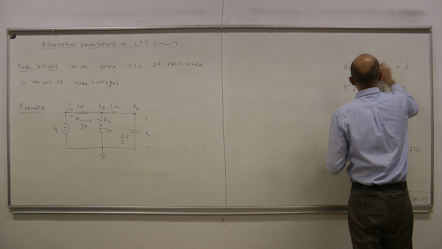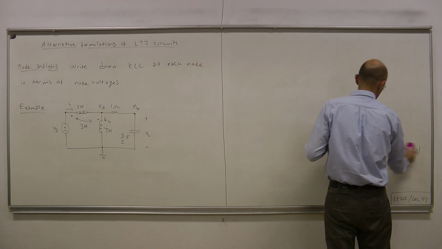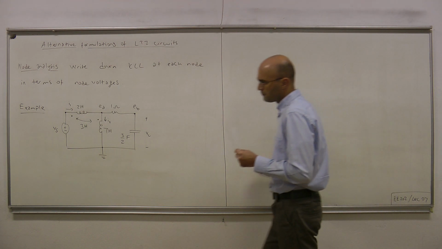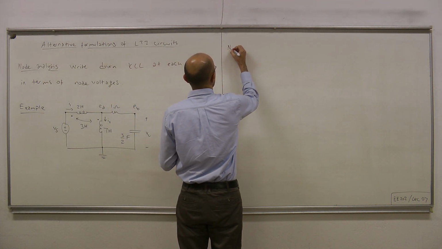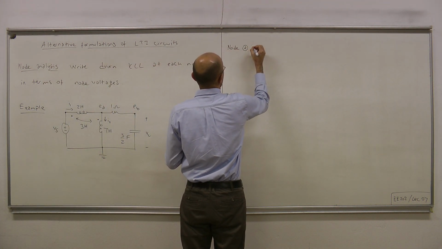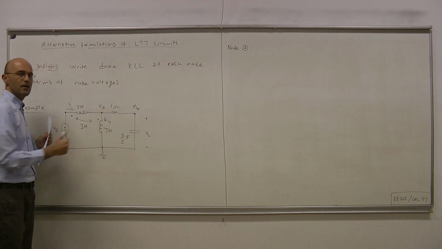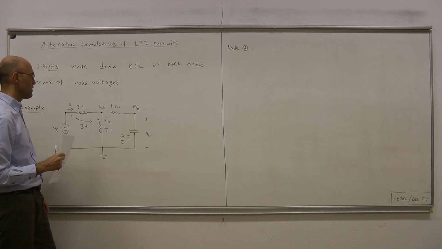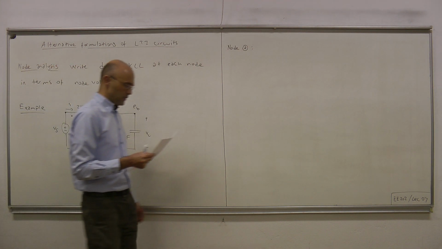Now let's write KCL at node A and node B. This is our node A, and we have 3 branches associated with it, so that means we have 3 currents. So let's write KCL.